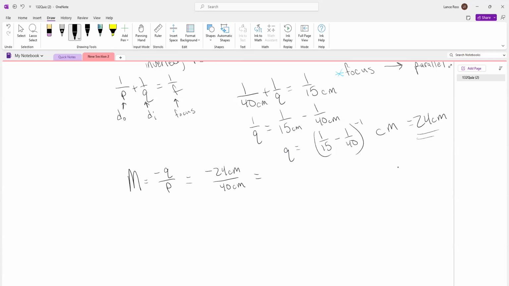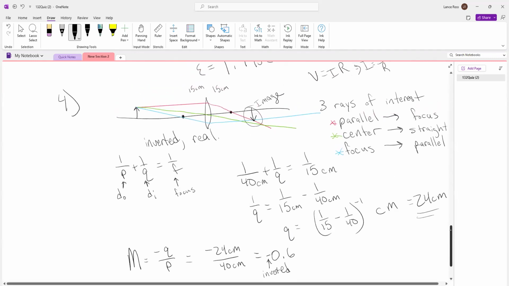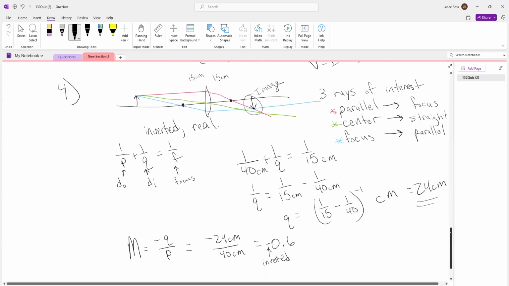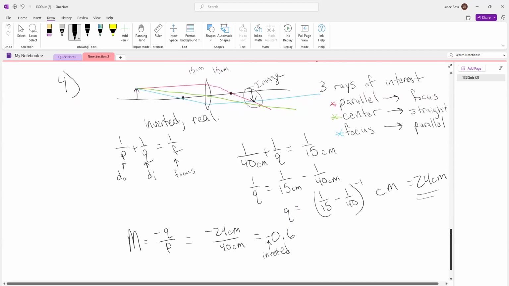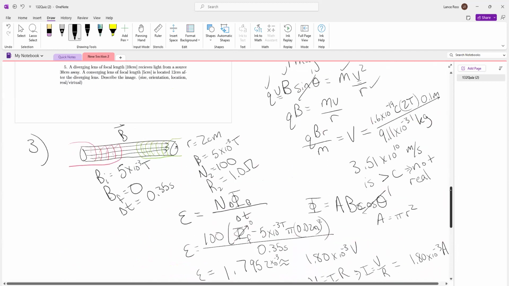That'd be 6/10, so negative 0.6. So our magnification factor is 0.6 and it's inverted, right? We knew from our sketch that it was inverted. We just didn't know if it was bigger or smaller because of how rough my sketch is. And here we can see that it is smaller. My center line's kind of curvy though, and I think that's what threw us off there.